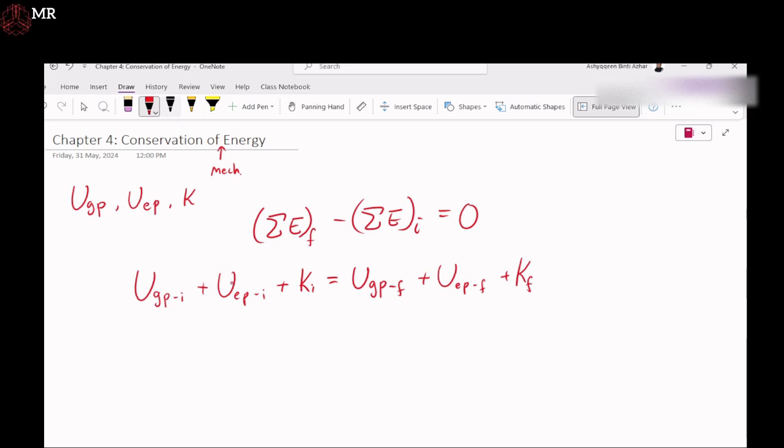This is our general equation that we can apply in most questions, and then we just need to figure out which one ends up being zero. So if it doesn't have a spring, then UEP is going to be zero. If there's no height at the final stage, you might not have any UGP, probably. It depends on the situation, right? So it really depends on the question, which we will do some examples of in the class later on.